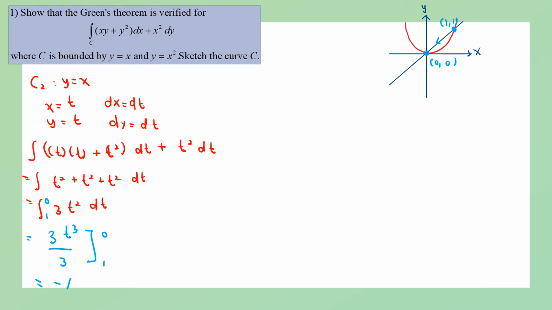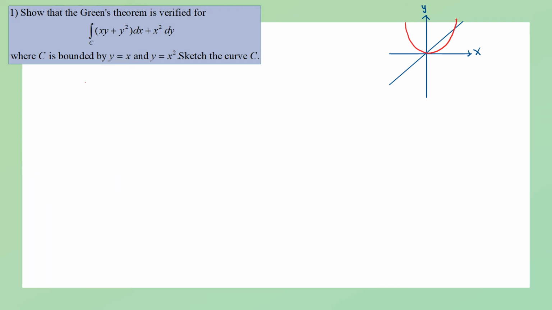So you just add up C1 and C2, we will get 19 over 20 plus negative 1. So you will get negative 1 over 20. So this is the left hand side. In the next slide, I will show you the steps to solve the right hand side.